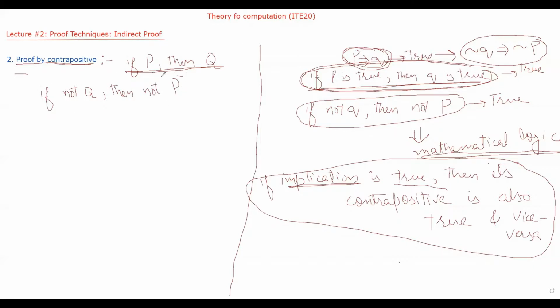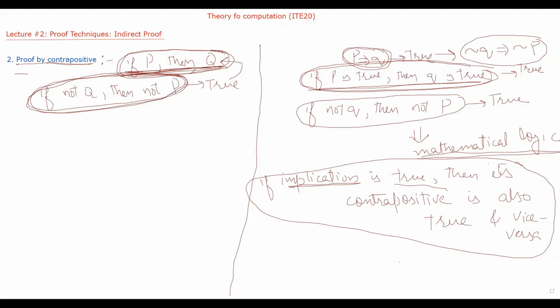Because sometimes it is much easier to prove the contrapositive than the actual statement. If the contrapositive is true, then the original statement will also be true. So this is called proof by contrapositive.